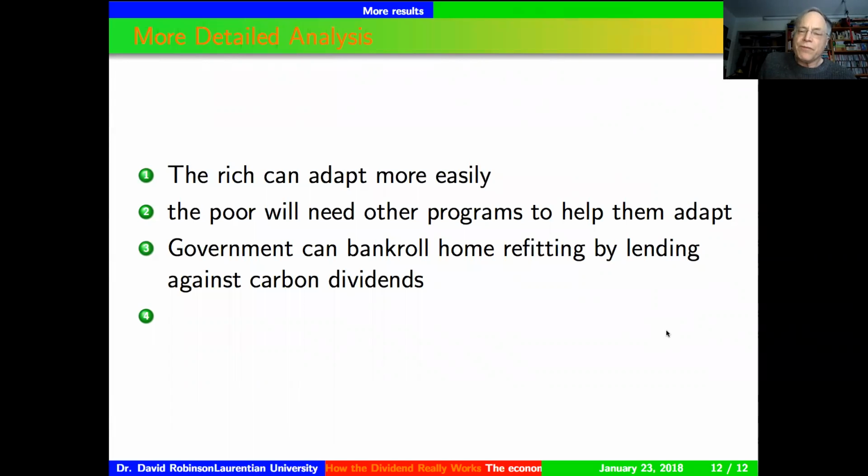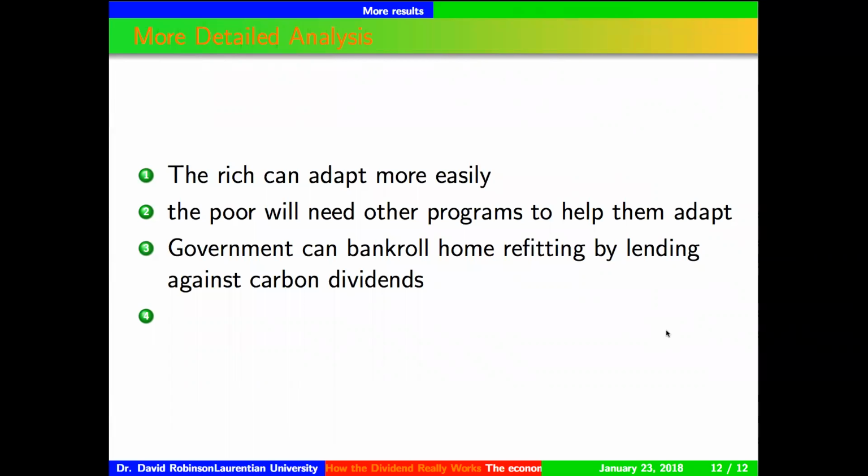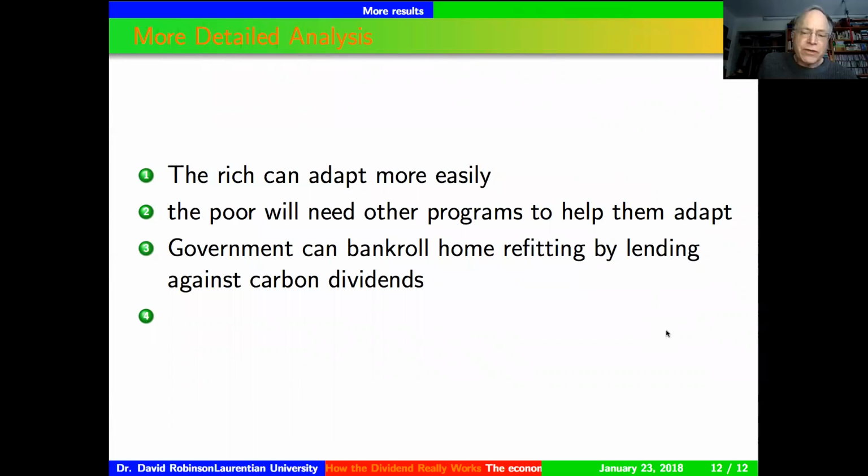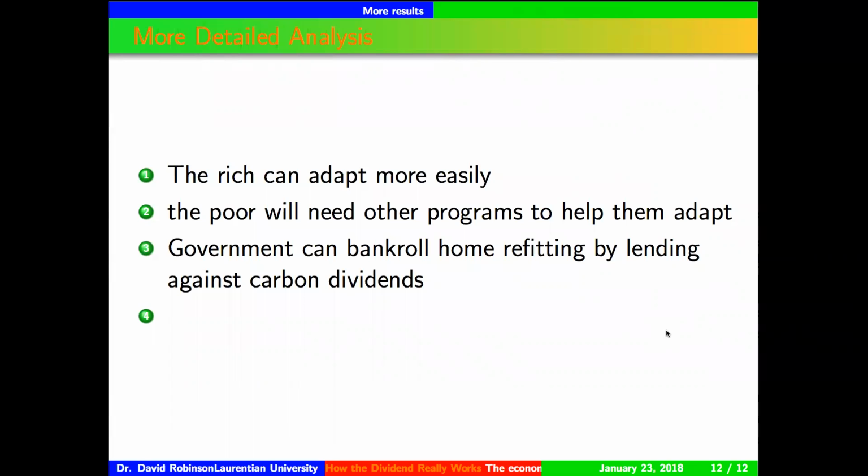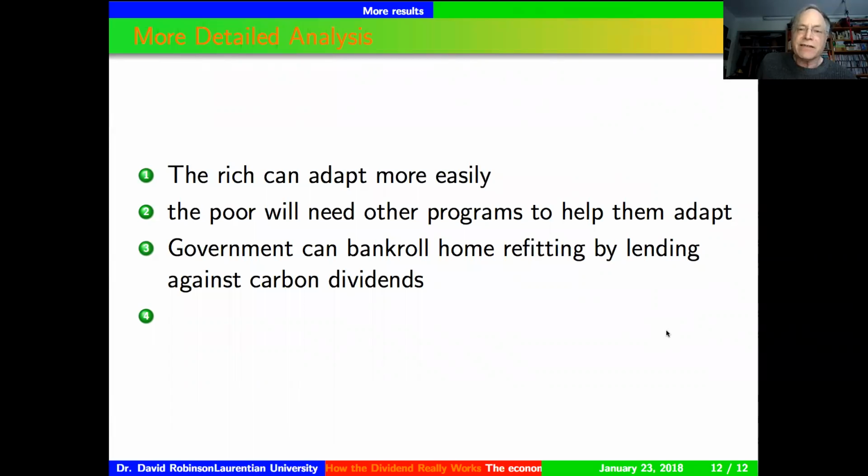It doesn't have to go up very much to have some effect, but if you promise the price is going to $150 in the near future, nobody is going to put in a standard gas, even a high efficiency gas, if they can get a heat exchanger. Nobody is going to forget to put in double pane windows or anything of the sort. So the signal does a lot of work, and there's huge gains once you start getting off natural gas as a heating system. Huge gains. One-third of the emissions are there.